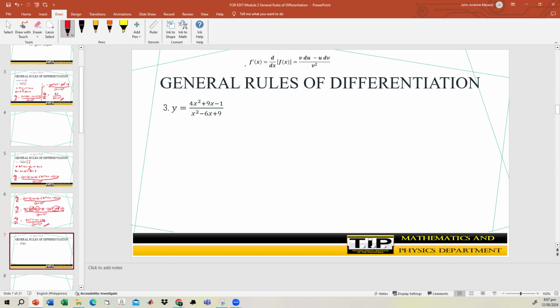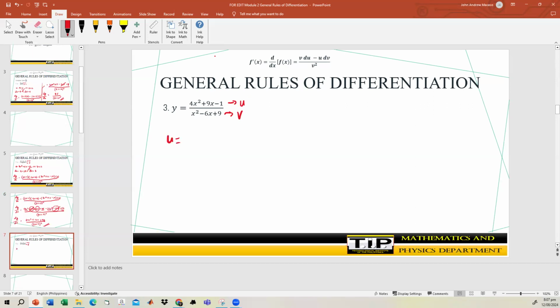Okay, so again, in this given function, if we are asked to get the derivative, of course, we have a rational function again, a polynomial over a polynomial. So in that case, we'll use again the quotient rule. Let the numerator be u, while the denominator will be v.